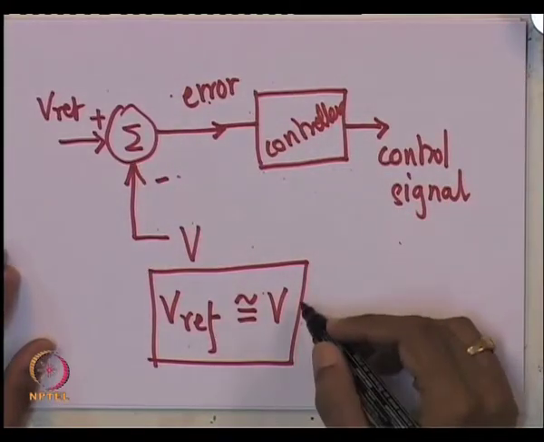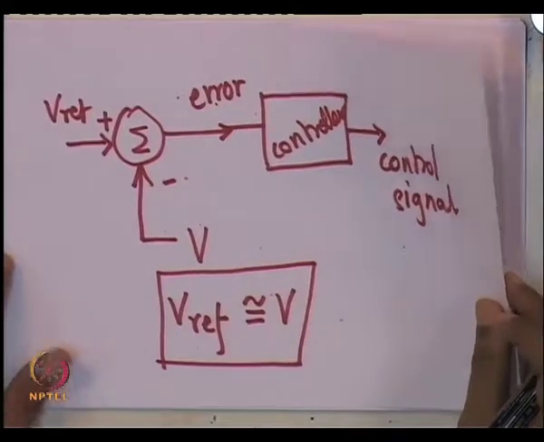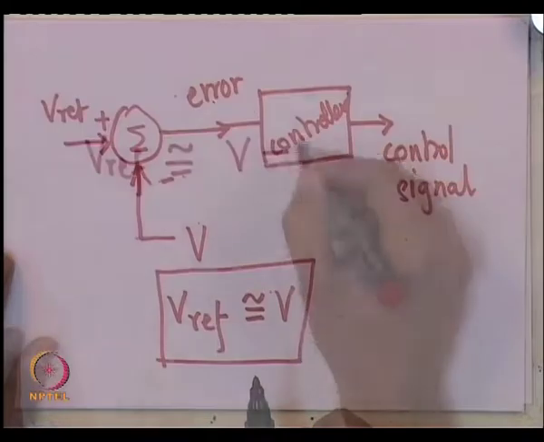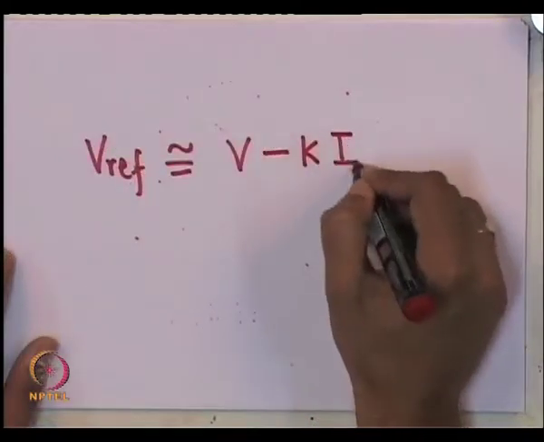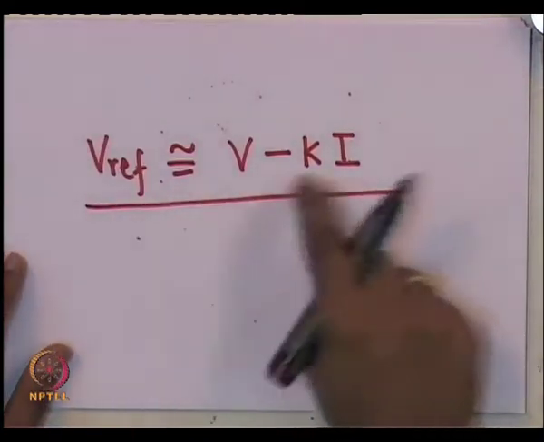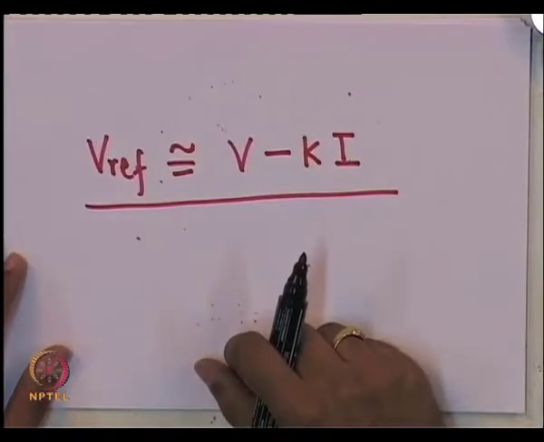But in some situations you would not necessarily try to keep V almost equal to Vref, but you can have Vref almost equal to V minus K into the magnitude of current going out of the machine. So, you can have a situation like this as well. Okay.